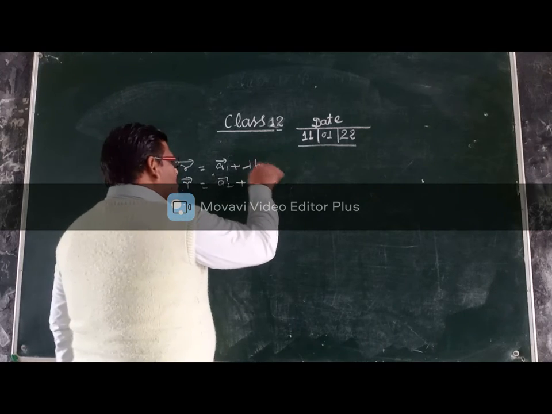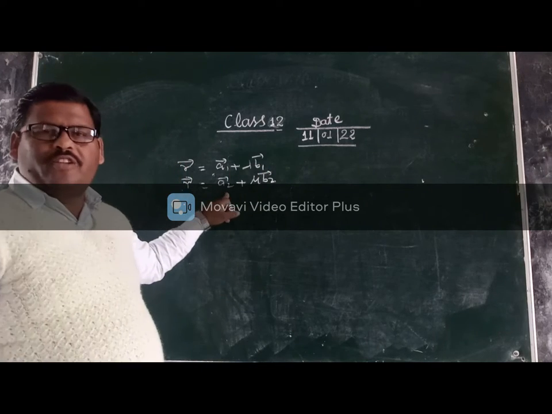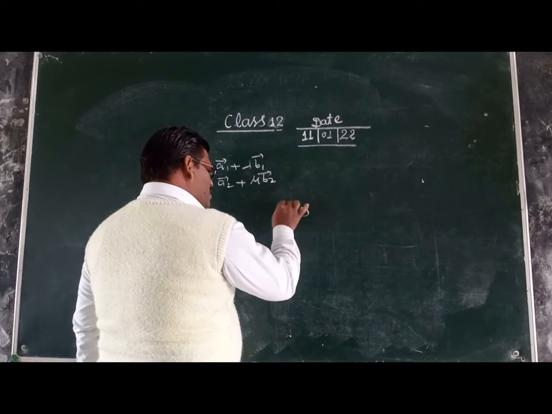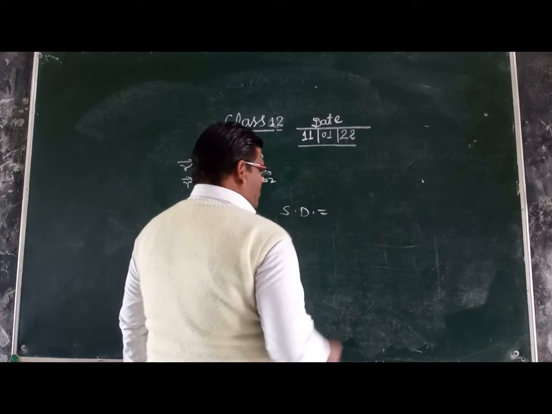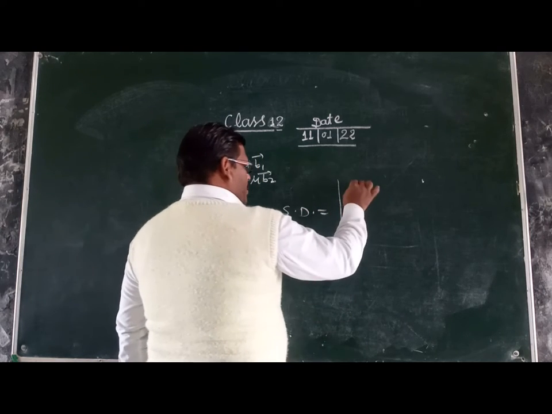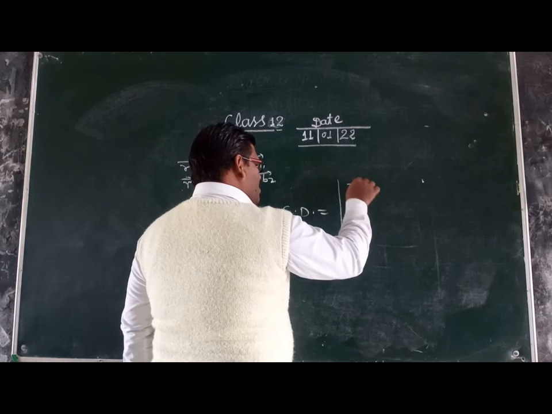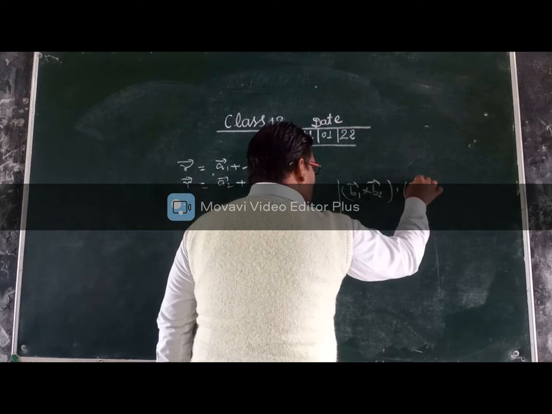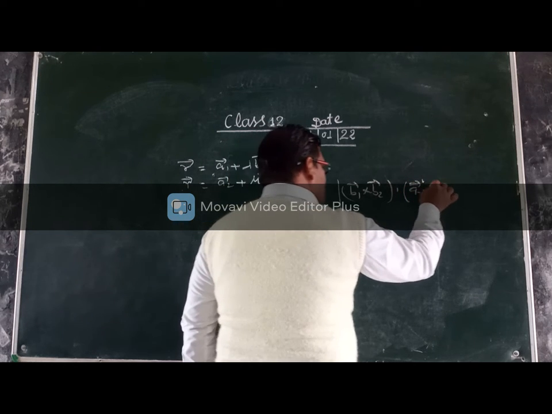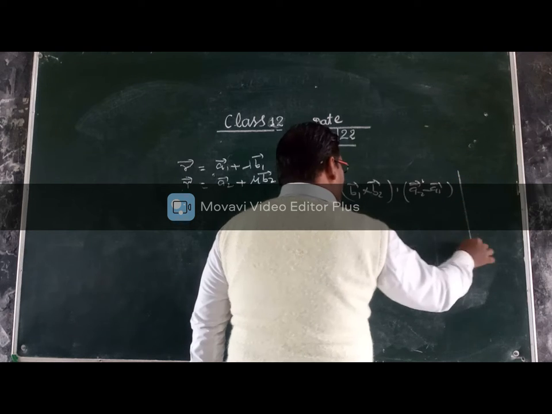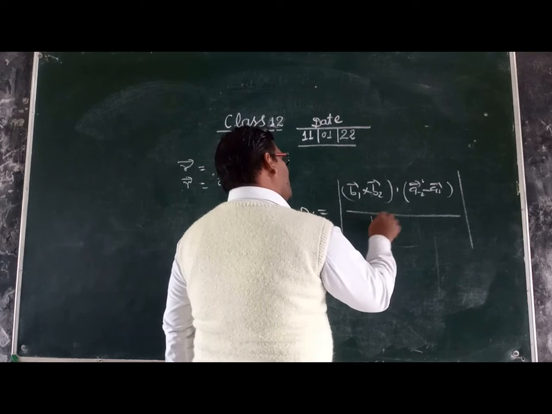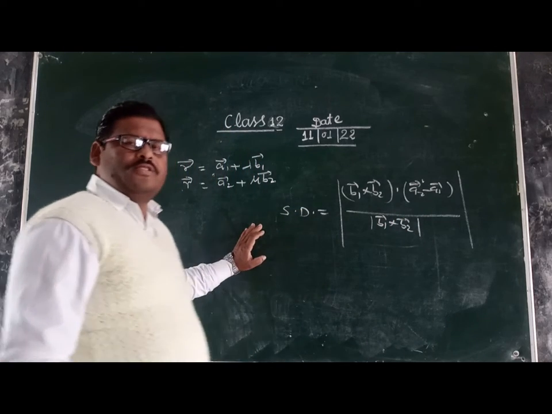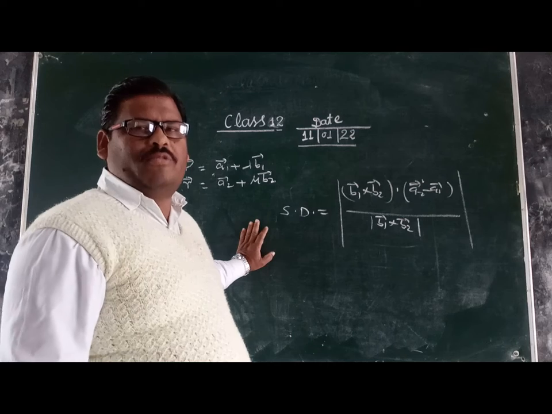You can find the values of vector a2 and vector v2. Therefore, the shortest distance SD is equal to the modulus of (v1 cross v2) dot (a2 minus a1), divided by the modulus of v1 cross v2. That is the shortest distance between two skew lines.